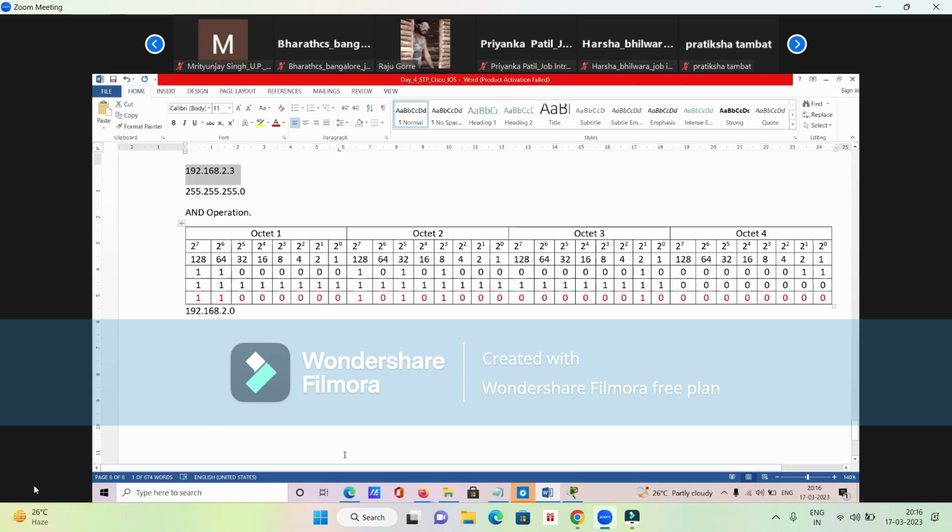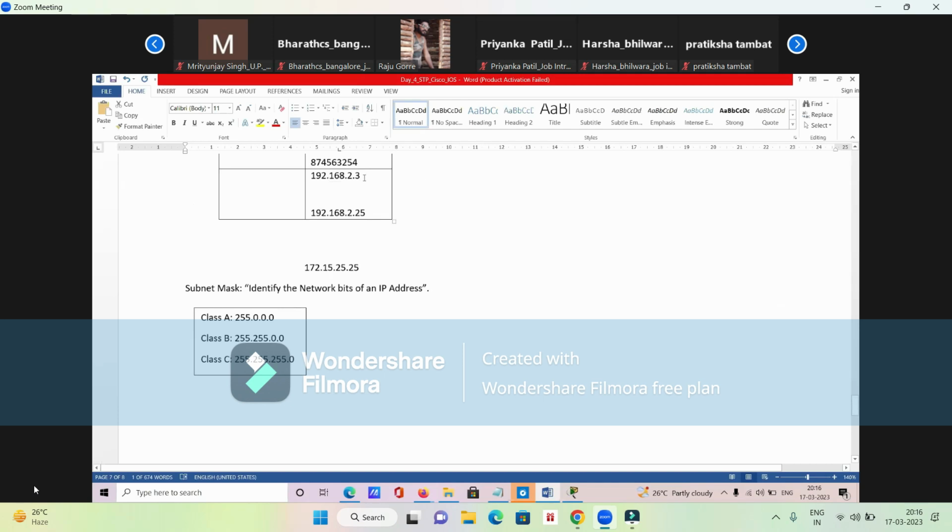So this IP address belongs to the network 192.168.2.0. Sometimes it is also called 192.168.2. That's it.